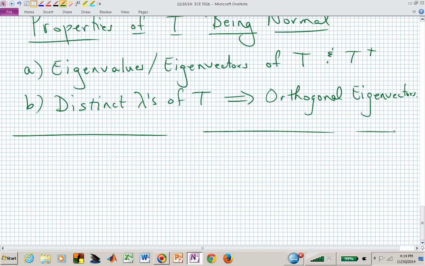Those are the properties we want to look at, and the first one is stated as a corollary, Corollary 7.7, and that says that if we're given a linear operator T that's normal.